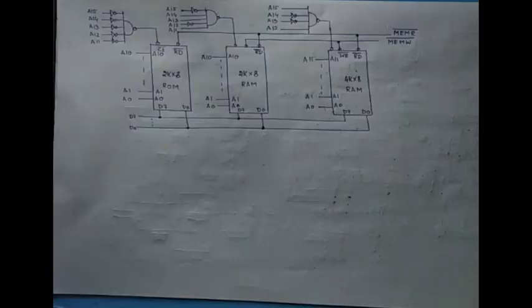To further explain, when a specific address is placed by the CPU on address lines, only one particular memory location present in one or another memory device present in the system will get selected or enabled, and that particular location will only respond.